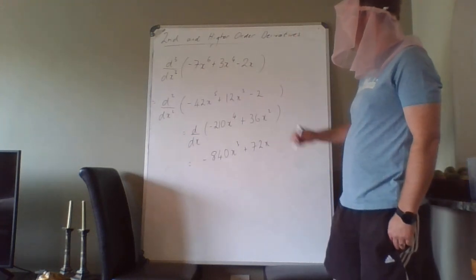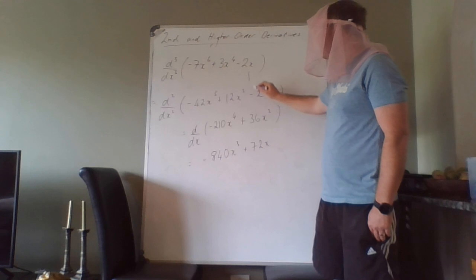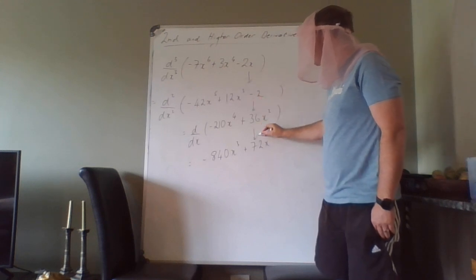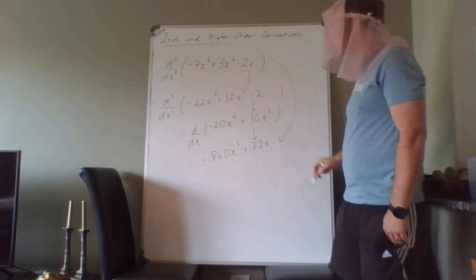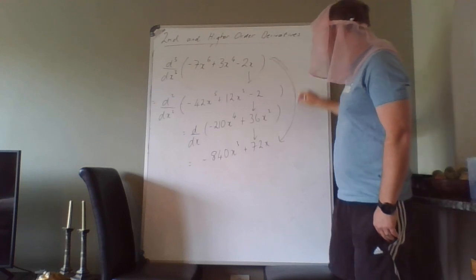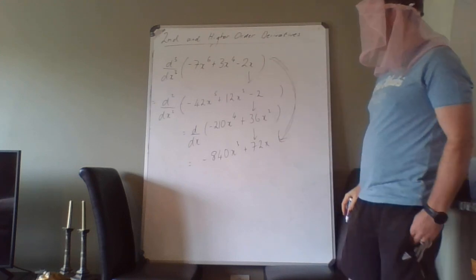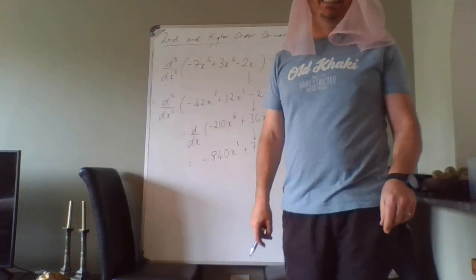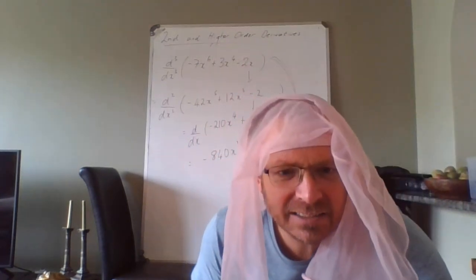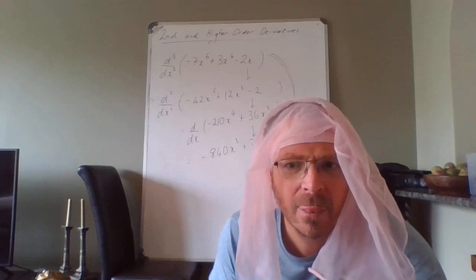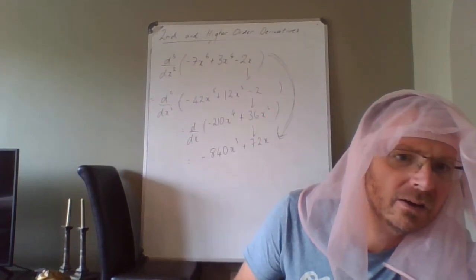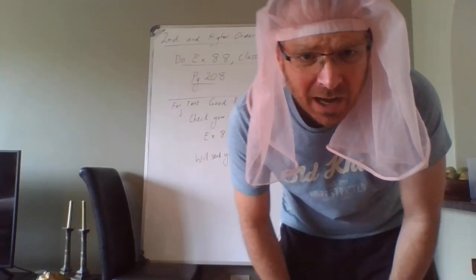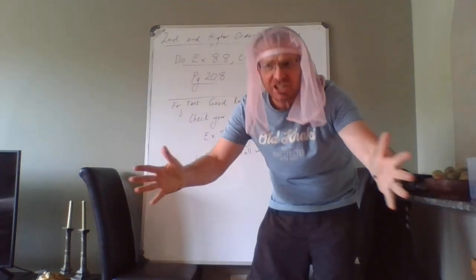Okay, I've differentiated once, twice, and 3 times. So the third derivative of this whole thing, there's your final answer, is going to be equal to negative 840x cubed plus 72x. Exciting stuff. Okay, you got it?